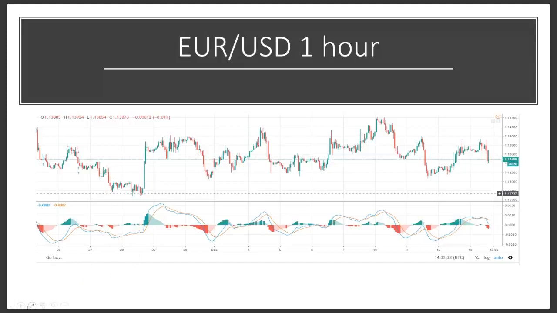So let's have a look. Here we go. The faster is crossing above the slower. Got some nice bars here, so the difference is really widening, and let's see what happens. The market starts to move higher.